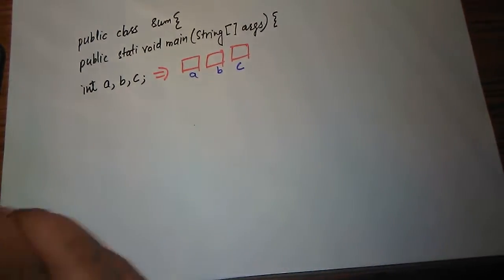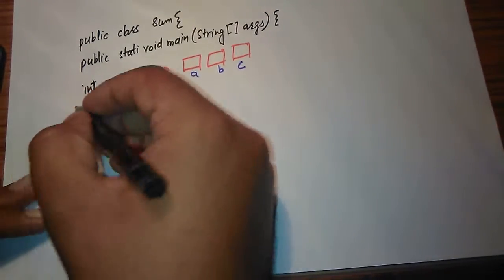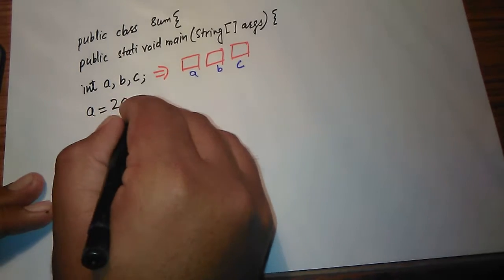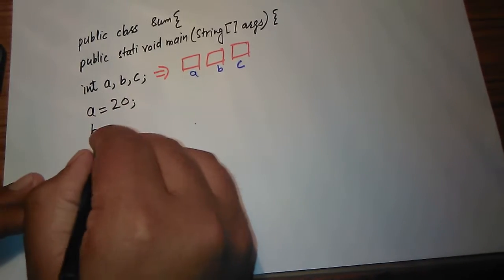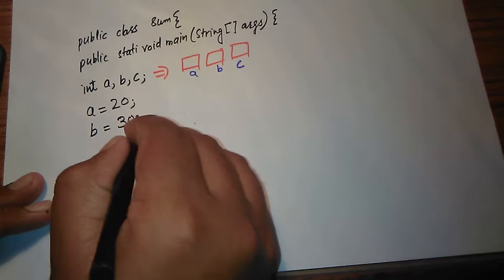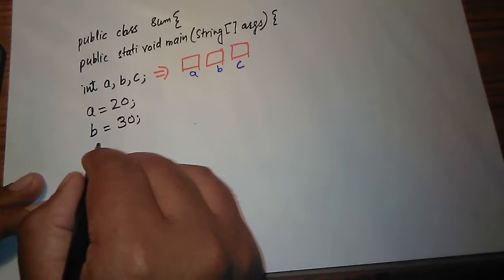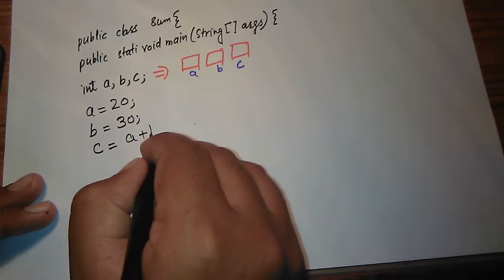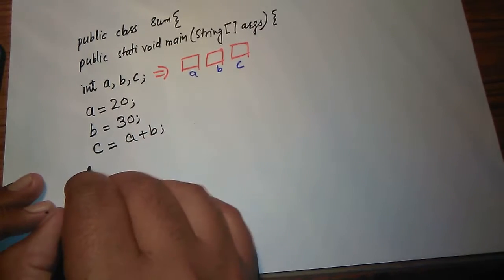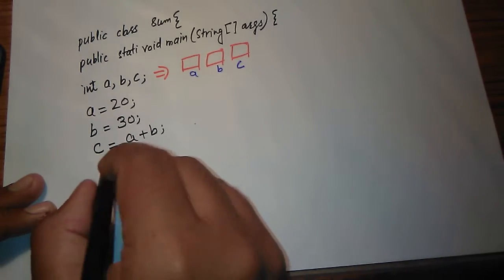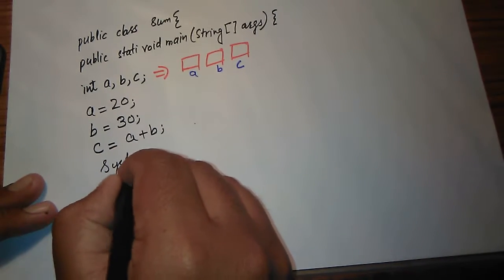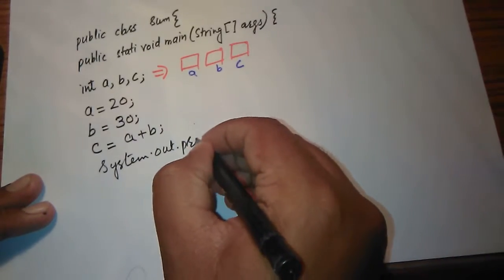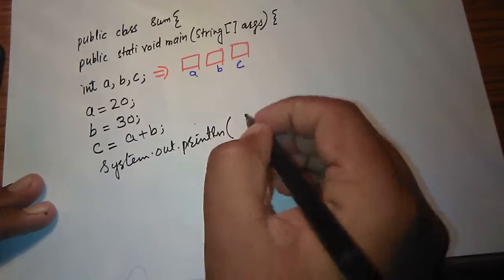Now I'm going to give values to these. I'm going to give 20 to a, and 30 to b. Now I'm going to give c the value a plus b. So I'm going to print everything out with System.out.println.